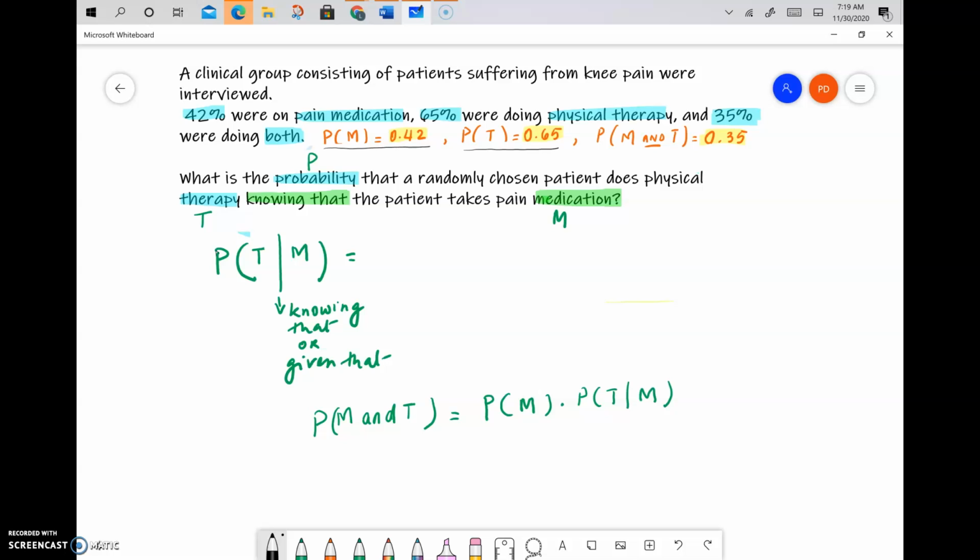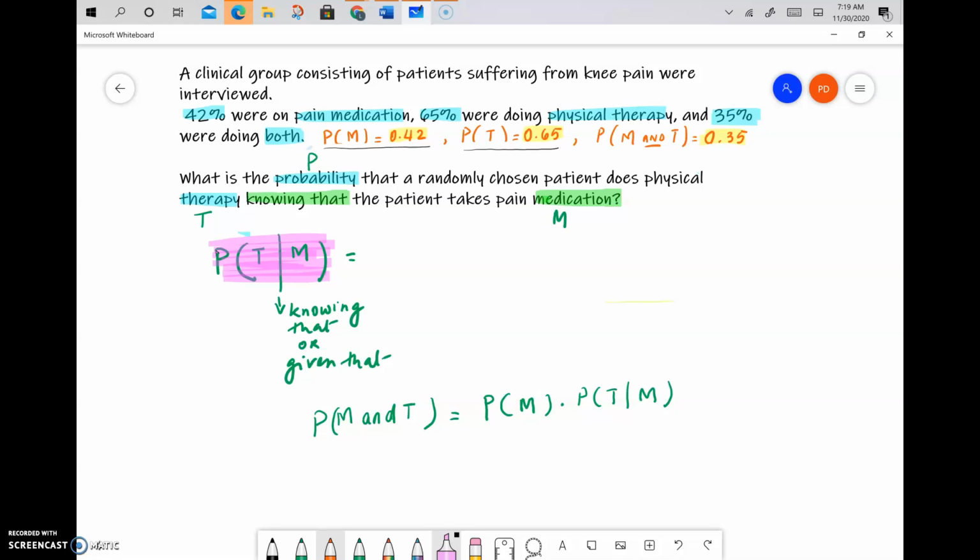P of T given M. So this is what we're trying to figure out. P of therapy, knowing that or given that the person is on pain medication. So if we know that the person is on pain medication, we're trying to find the probability that they're also doing physical therapy. Now, this is how we figure out the formula.